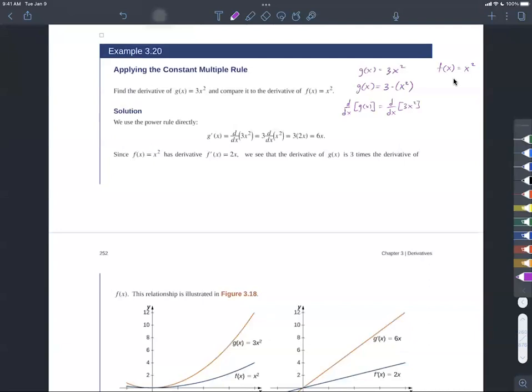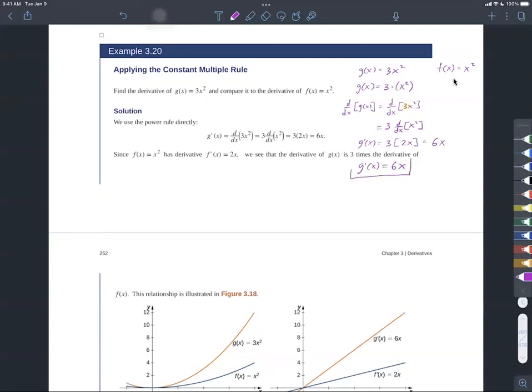But according to the constant multiple rule, this constant of 3 can essentially be ignored, and we take the derivative of only that function, x squared. The derivative of x squared is 2x. And so what is this product here? We end up getting 6x as g prime of x. G prime of x is equal to 6x.